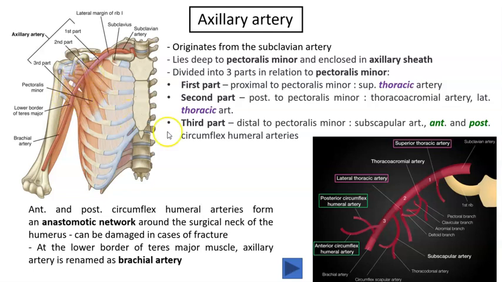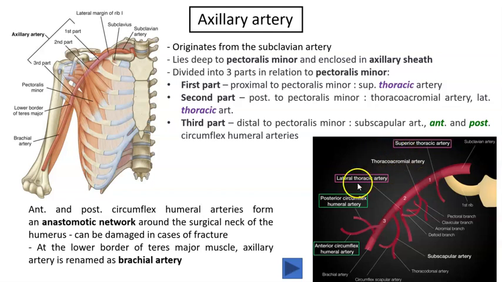Okay, so this is a picture showing you the main branches of the axillary artery. Okay, as I've mentioned before, this thoracoacromial artery supplies pectoralis major and subclavius, and together with the superior thoracic artery and lateral thoracic artery, supplies pectoralis minor and serratus anterior.